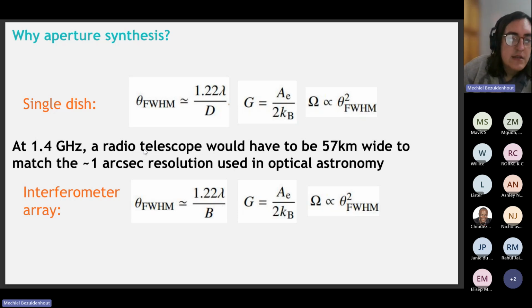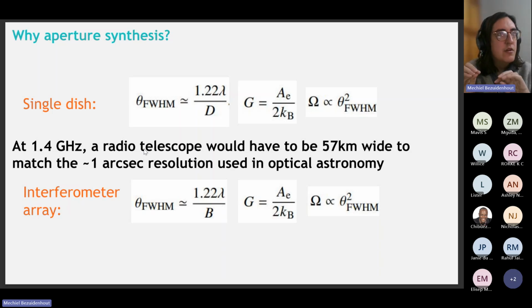And matching that resolution of optical astronomy is very important, because if you want to compare radio observations and optical observations, you need to have more or less similar angular resolution. Say you make some discovery or observe some source in the radio.